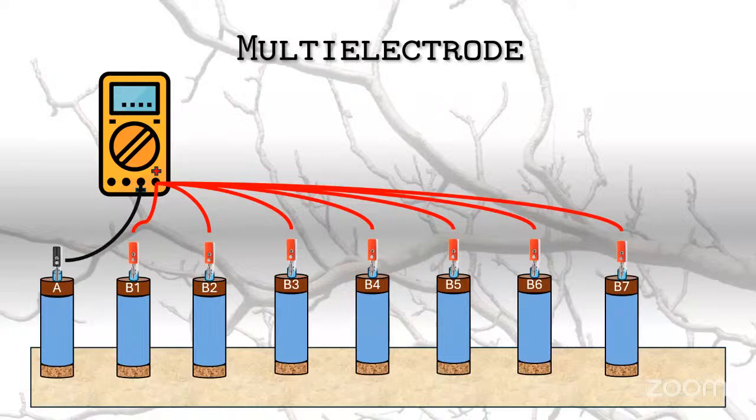If we have a multi-electrode array, we need all the electrodes to be really similar to each other.